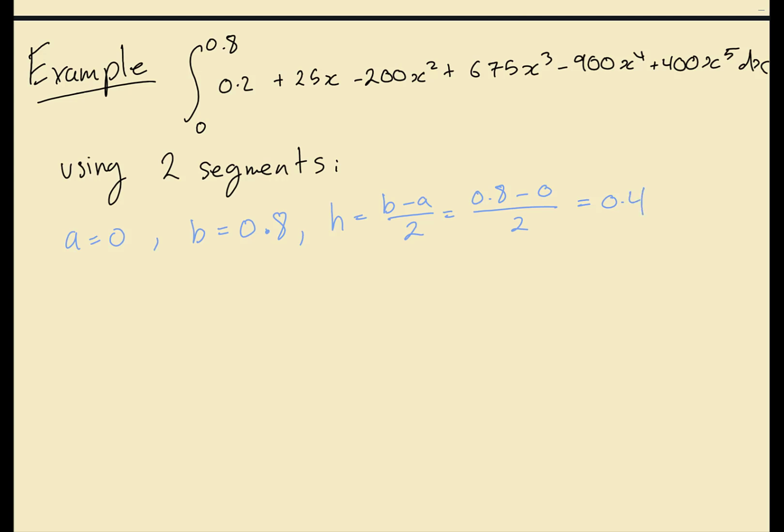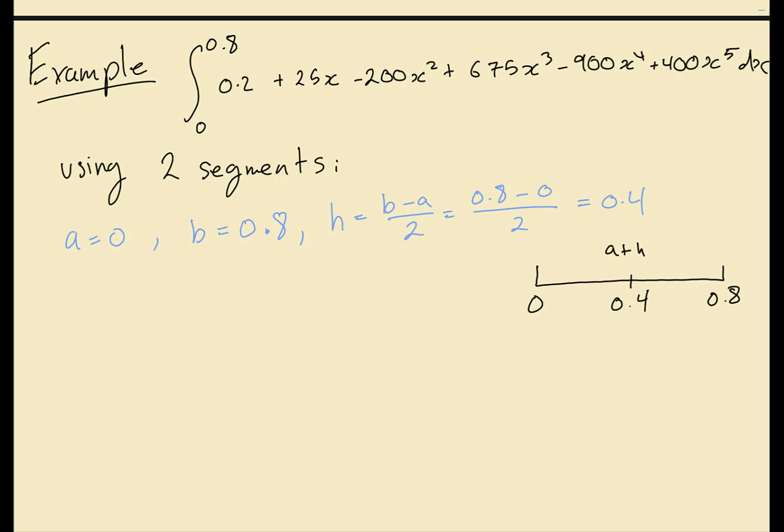That means if I had the point system here, my first point is 0, my last point is 0.8, and the middle point would be a plus h, which is 0.4. If I had more segments, you can see how easily you can find the points in this method.